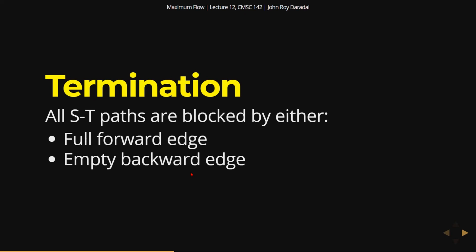Or if the path is blocked by an empty backward edge, that means you cannot go backwards because it's empty. You cannot subtract on an empty flow, right? Because it would be negative. So if everything is blocked, then there is no more augmenting path, and that's the time that we will end our iterations. Okay, so that is the termination condition of the Ford-Fulkerson method.